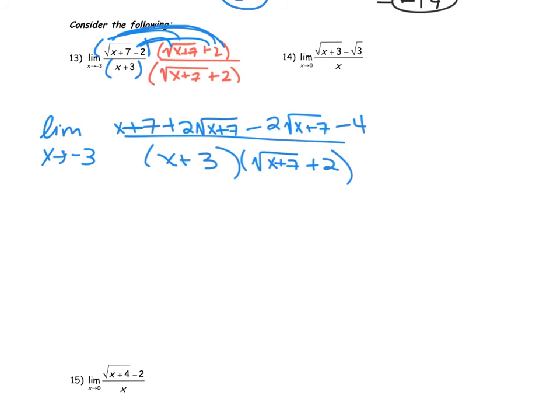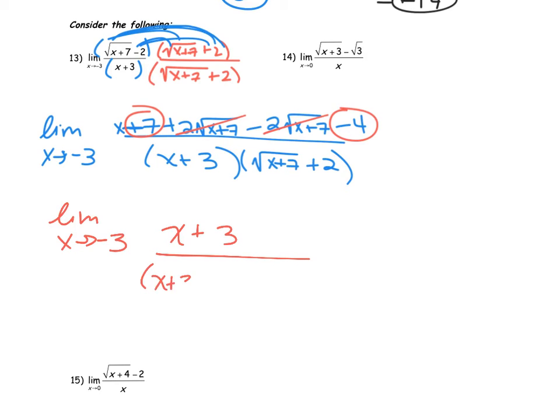All right. Well, we see things are going to cancel, so don't drop your limit. This is going to cancel with this, and I have x plus 7 minus 4, which will be x plus 3, all over x plus 3 times the square root of x plus 7 plus 2. And would you look at that? These are also going to cancel.